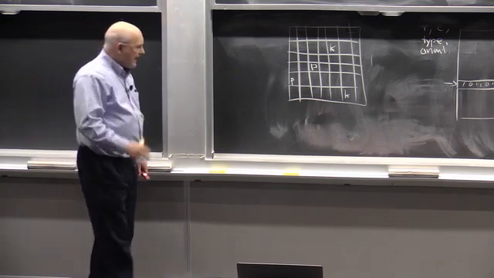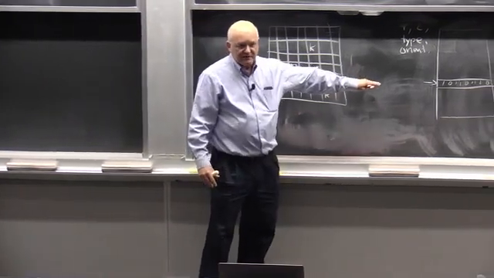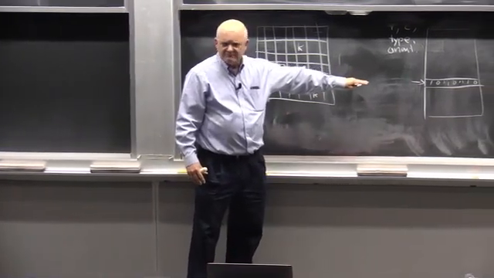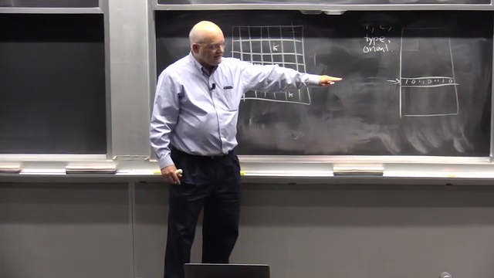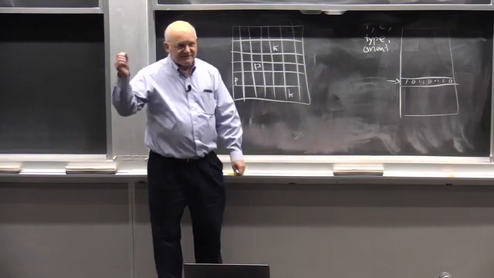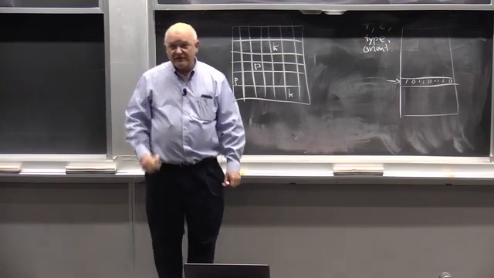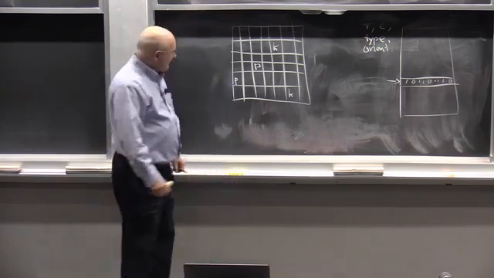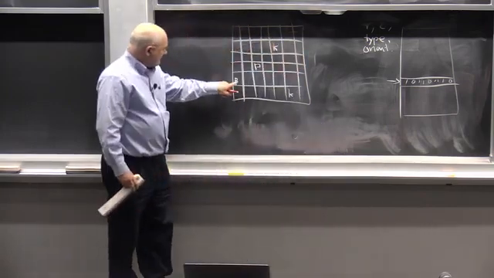So Zobrist hashing is really clever. It takes advantage of that XOR trick that I taught you in the bit tricks lecture, the second lecture, okay? And that is that XOR is its own inverse. So if I want to remove a piece, let's say I'm going to move this pawn from here to here.